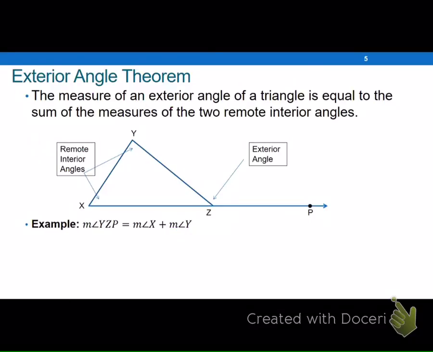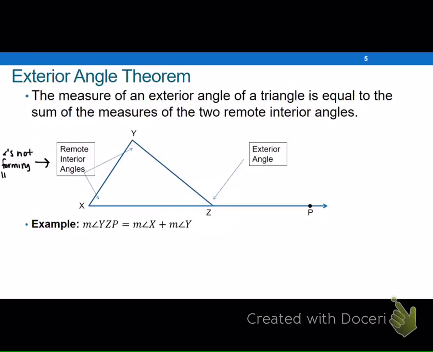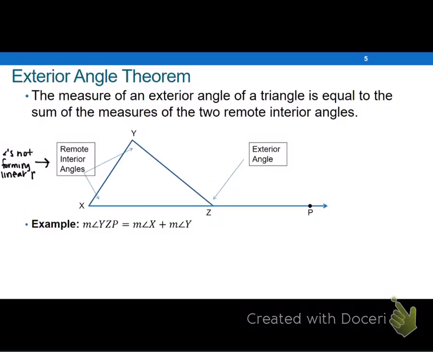So the exterior angle theorem says the measure of an exterior angle of a triangle is equal to the sum of the measures of the two remote interior angles. So these are the remote interior angles, the ones that are not forming the linear pair with the exterior angle.